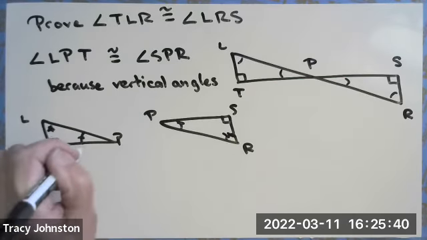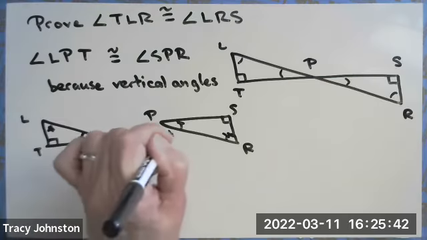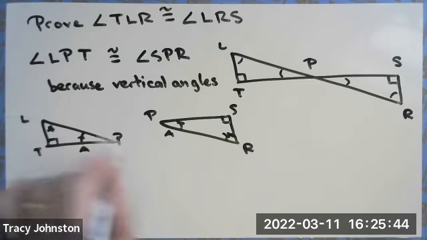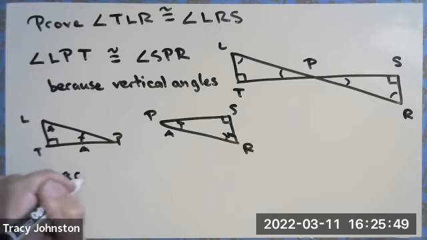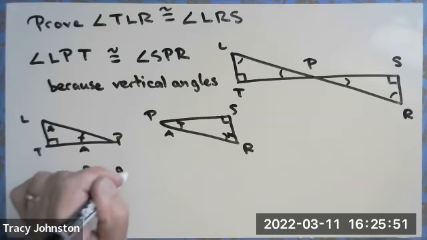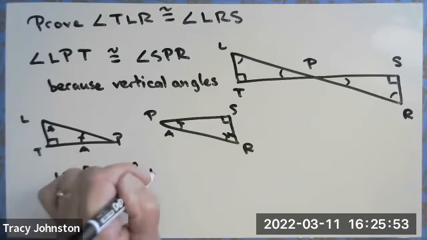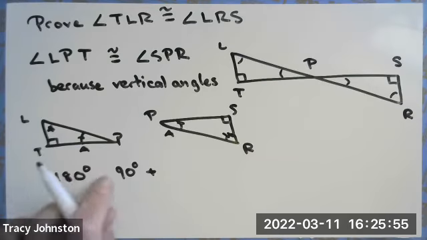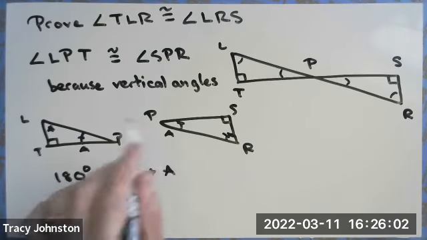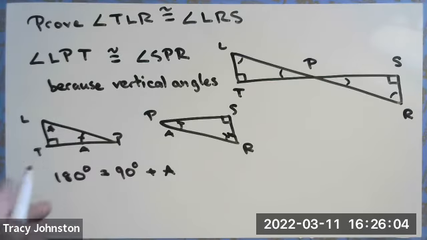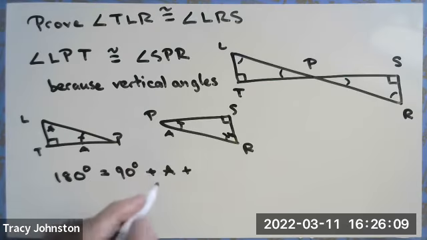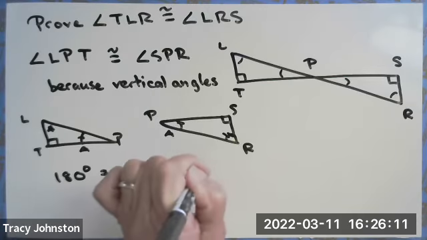If I call this A, so that's angle A, and I'm just using that so I don't have to write out quite so much information, I know that 180 degrees is equal to the 90-degree angle that's here, plus the angle A that's shared by both triangles, and then plus that third angle.